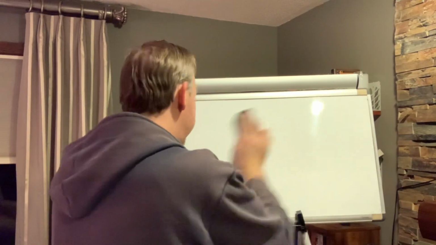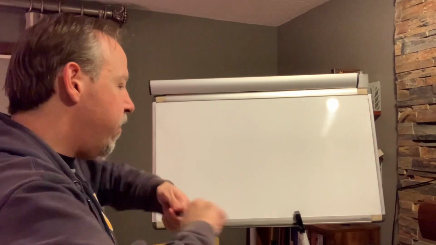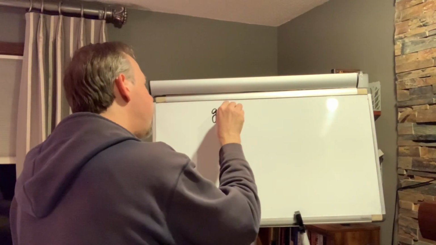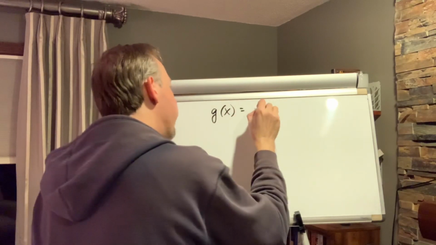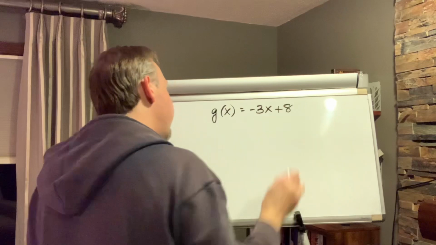and then we'll call it a day. This time my function is going to be named g. So g of x equals negative 3x plus 8.